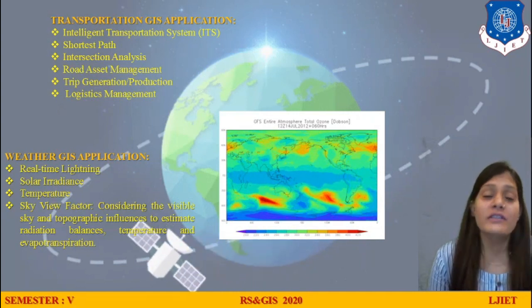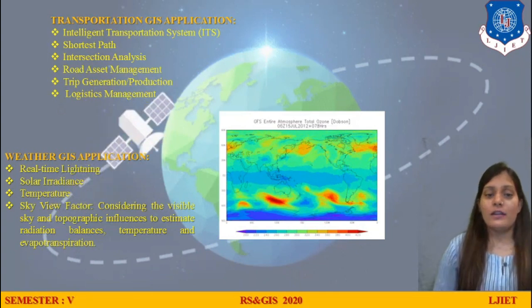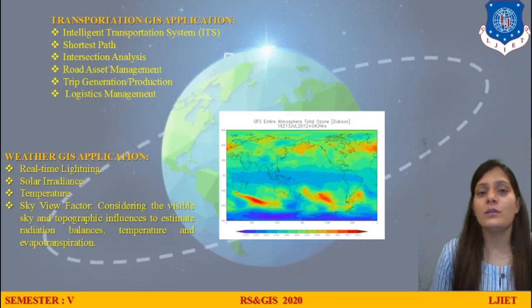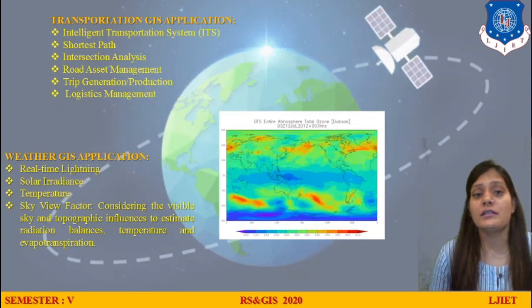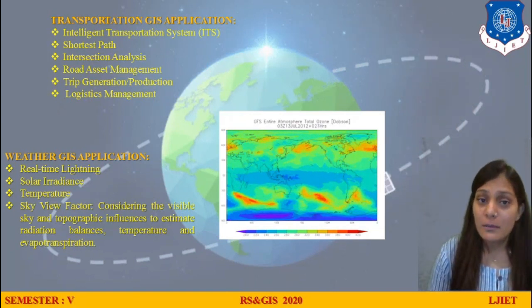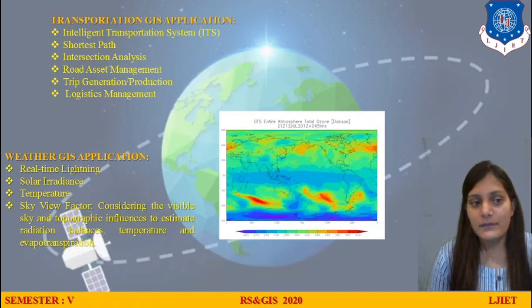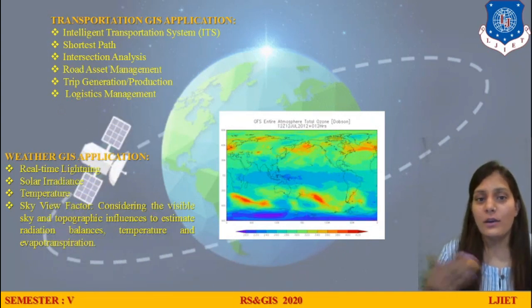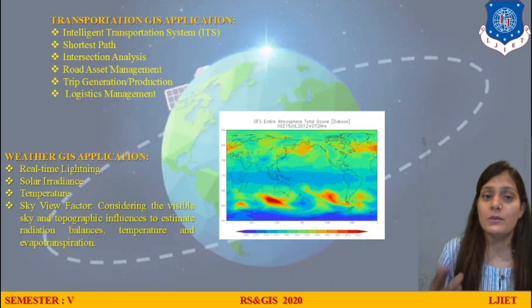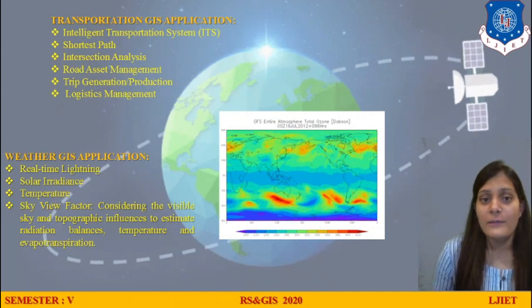So we have many technologies built into our transportation system, and according to that we are coming up with new technologies. What is the artificial intelligence transport system? Yes, we have the metro system coming up right now, that is an intelligent transport system, right? Next is shortest path. How can I find the shortest path for ambulance 108? Yes, we will see this in detail. How can it be possible with the help of GIS?